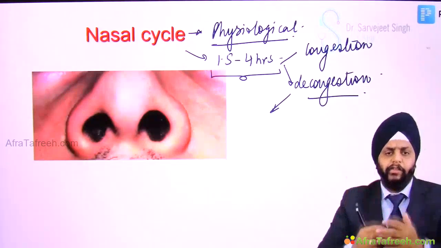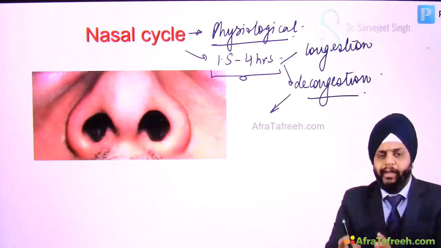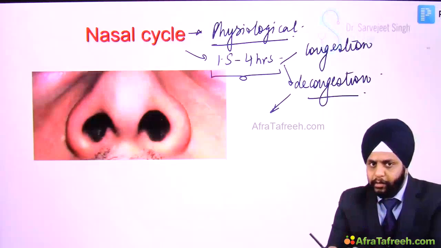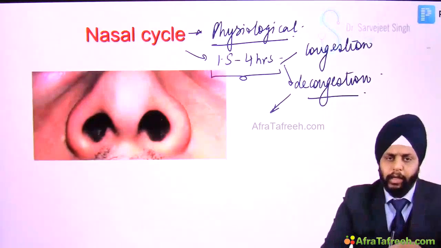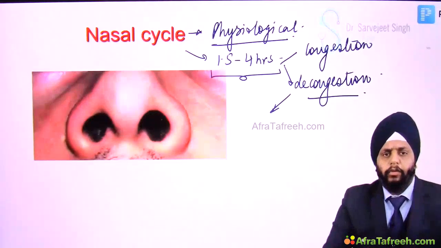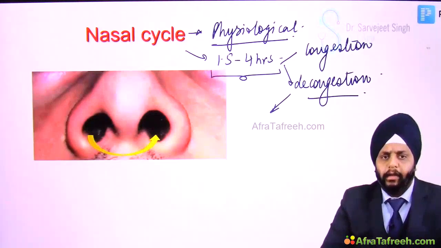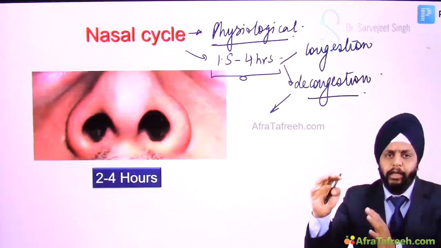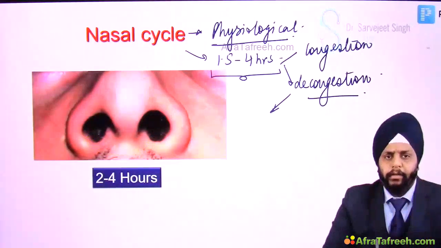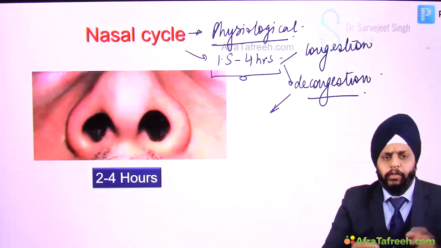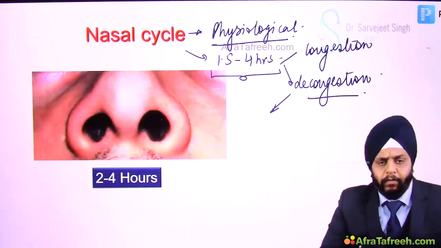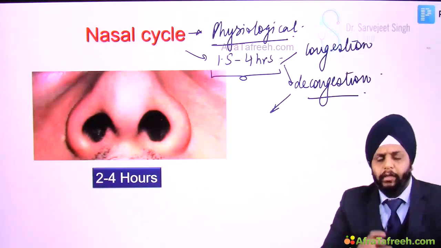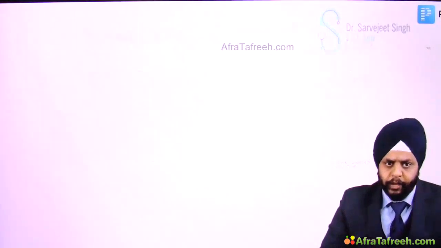This is nature's way of putting one nasal cavity to rest and working the other. So it's an alternating cycle: one will have decongestion, the other will have congestion. Approximately 1.5 to 4 hours is this nasal cycle.